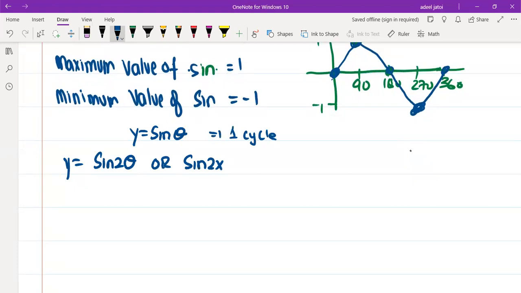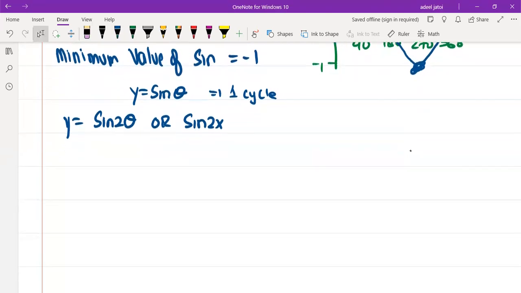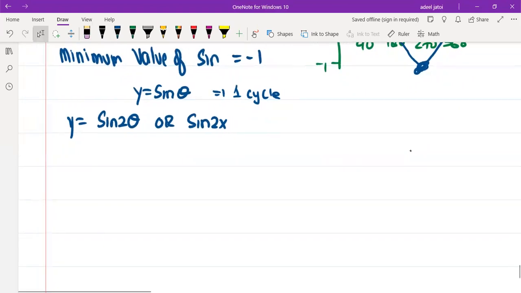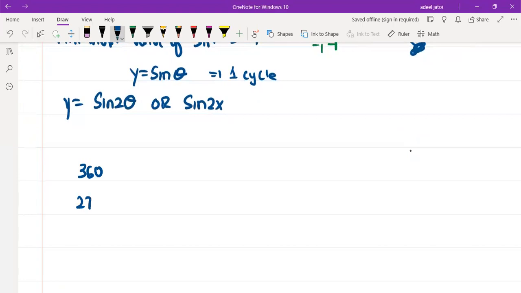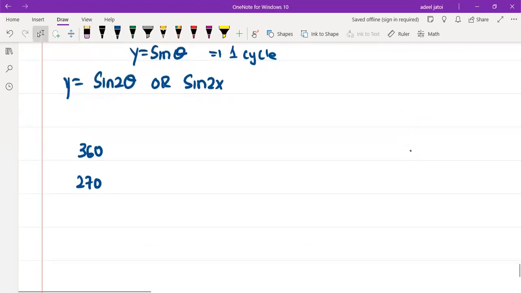Now the sine graph will have 2 cycles. How do we have 2 cycles? Your points are 360, 270, 180, 90.